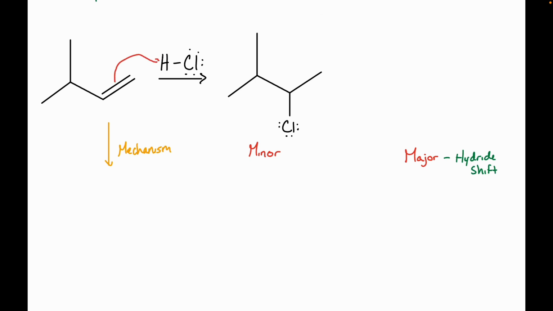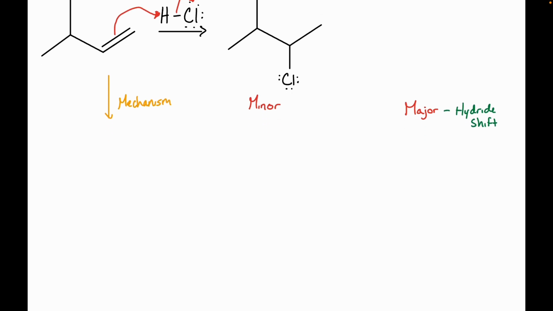That double bond reaches out, grabs that hydrogen, breaks that hydrogen-chlorine bond. All right, as we would expect, that hydrogen is bound to the less substituted carbon so that our carbocation can form more stably on the more substituted carbon.